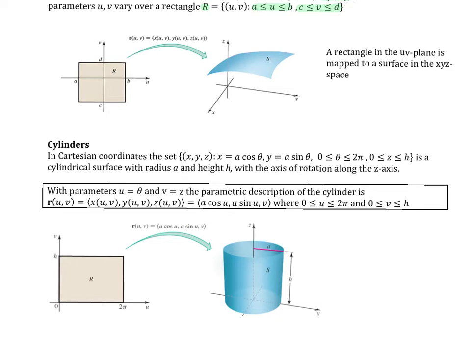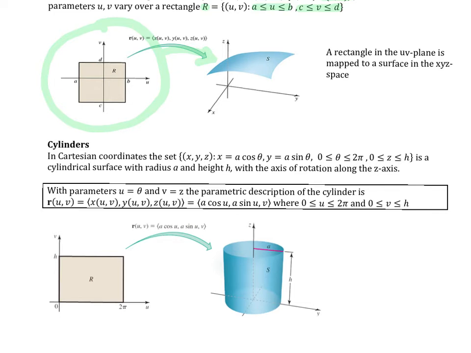Notice that in the first diagram, this is our parametric representation. Since there are two variables u and v, we have two axes, u and v, and it's a rectangular region. And that can describe our surface, which is usually described with an x, y, and z.